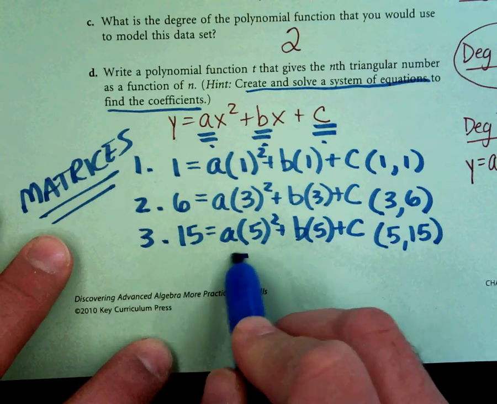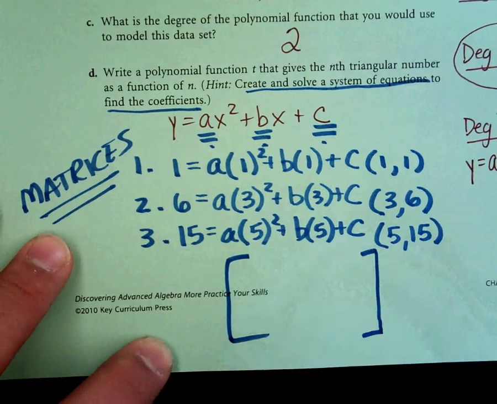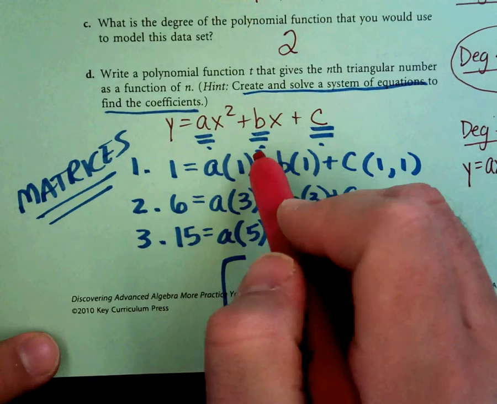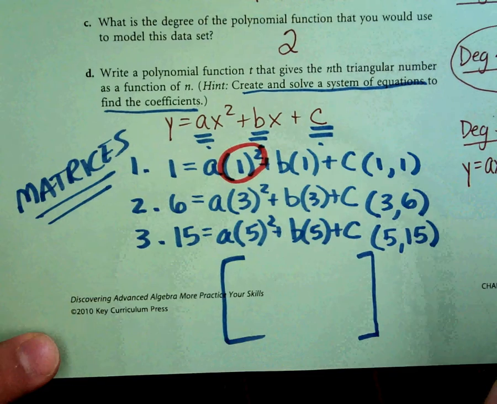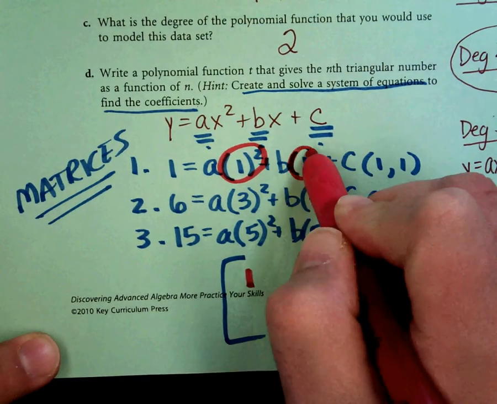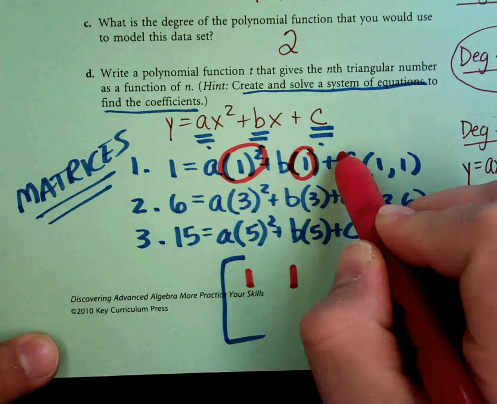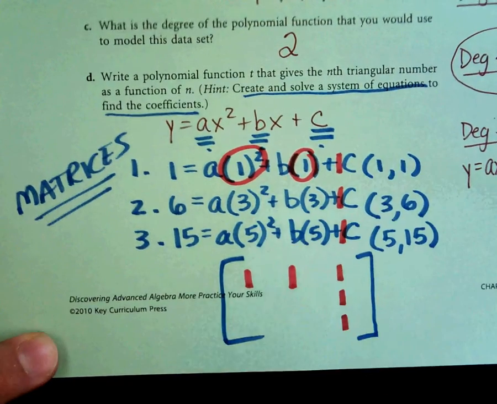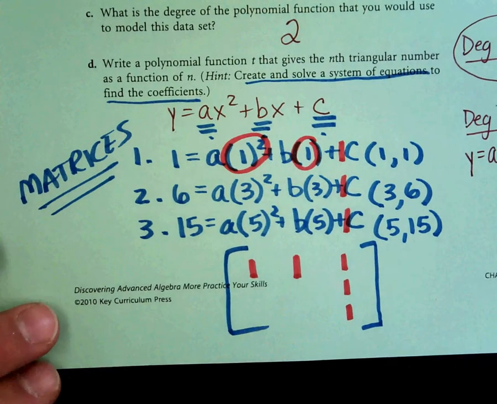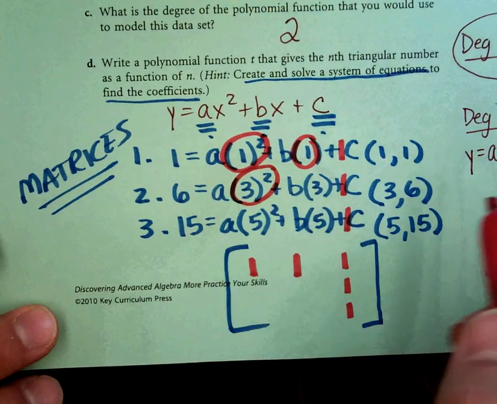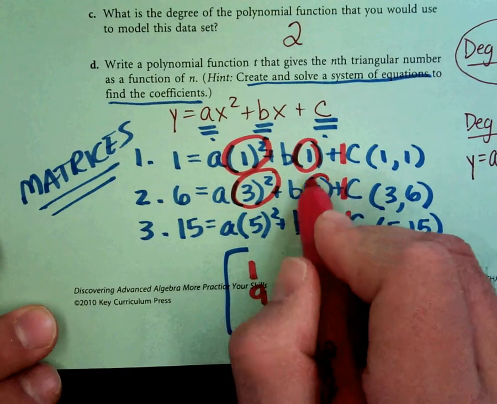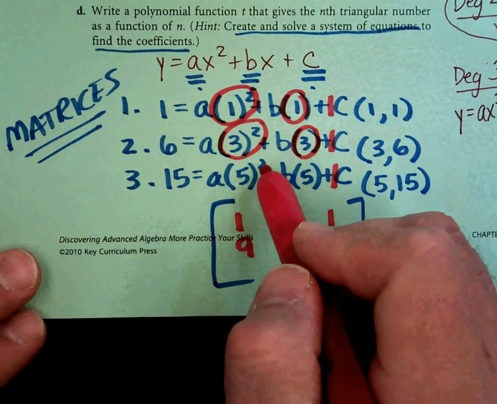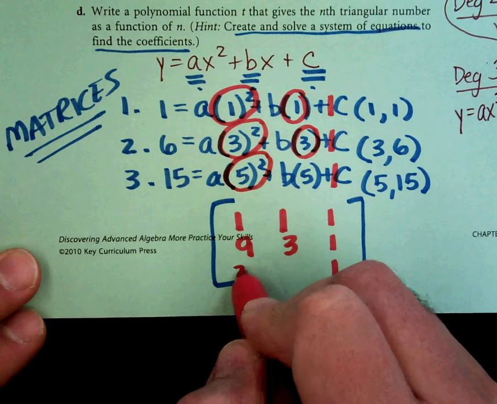I am going to use matrices, and I'm going to make a big A matrix based on the coefficients that I'm about to circle. 1 squared is 1. This 1 goes in the middle. What coefficient is in front of all these C's? 1. All right? Let's get row 2 out of the way. 3 squared, 9. This 3 goes in the middle. 1, I already talked about. The final row, 5 squared, 25.